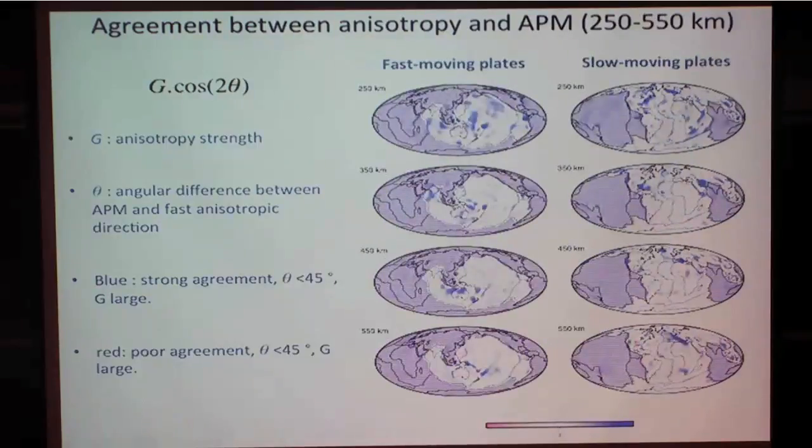And if we look at greater depth, the large-scale pattern that we observe at 200 kilometers is disorganizing here, and the maps become patchy. Then at 250 kilometers, there are some regions where the anisotropy agrees with the plate motion, but the maps remain patchy at all depths.